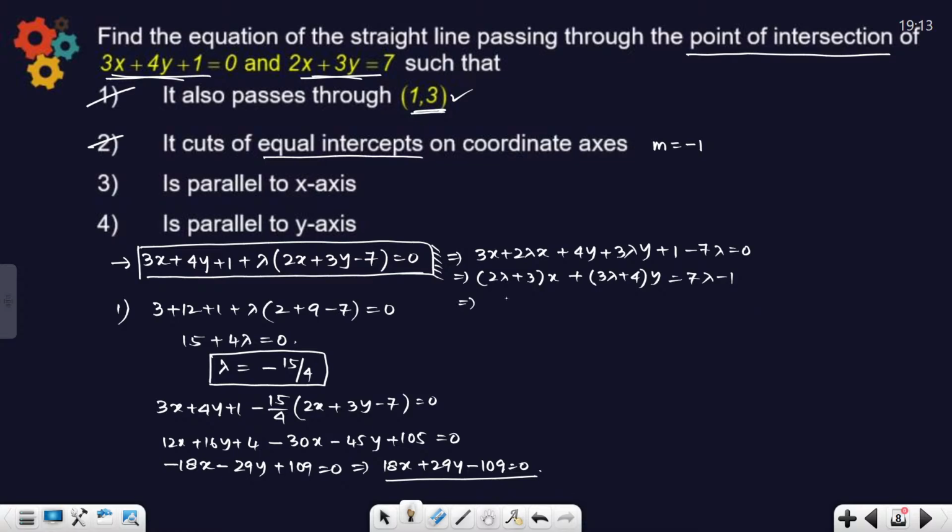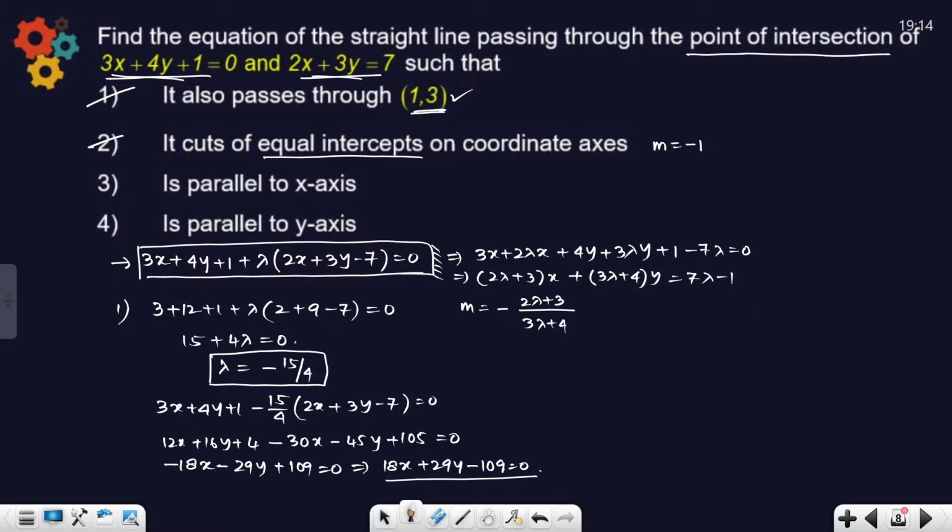So from here, what is the slope of this line? You can write this in the form of y equals mx plus c, and from there you will get its slope. What will be the slope? The slope will be minus 2 lambda plus 3 divided by 3 lambda plus 4.